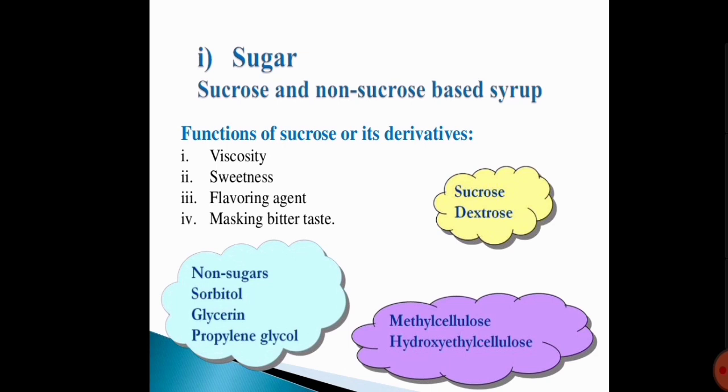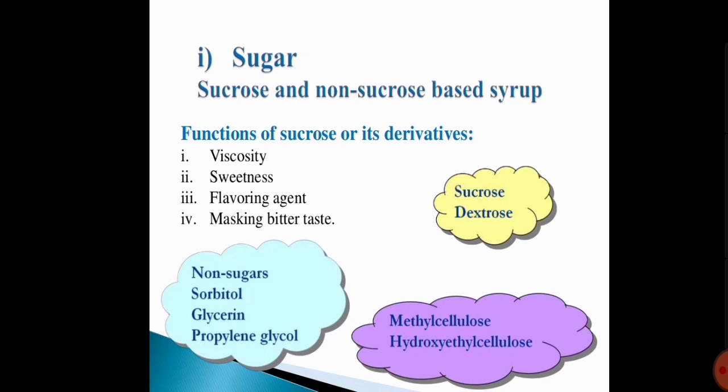When we have increased viscosity, much more time is required by the drug to come down to the surface of the tongue and stimulate the taste buds and the nerve that will take the message from the taste buds to the gustatory center in the brain. Hence the original taste of the drug will be masked due to the increase in viscosity and also due to the sweetening impact of the sucrose or any other non-sucrose sugar.